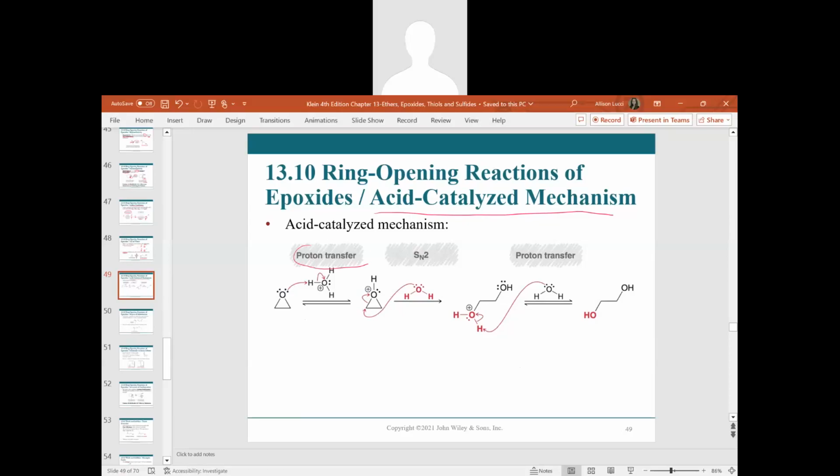So first we have that proton transfer, we protonate our epoxide, then in an SN2 mechanism here, we see that water acts as our nucleophile, and that has performed its nucleophilic attack here. And then in this last proton transfer, we see water grabbing this proton here, and then we have created our ethylene glycol or whatever product we're trying to form through this ring opening under acid catalyzed conditions.